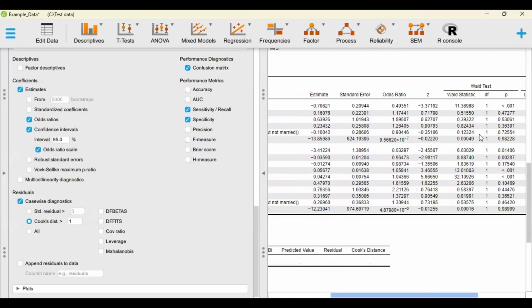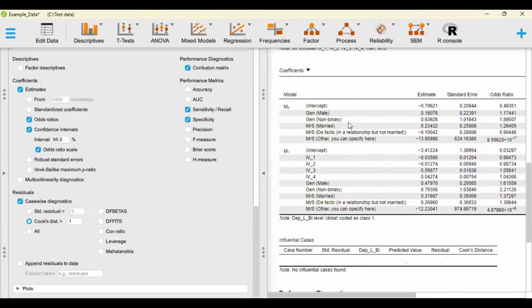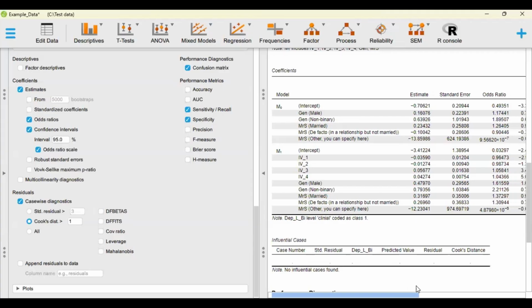For example, I can see that none of them had a significant result except this last one, marital status, other variable. You can also see that not all levels of gender and marital status are included here. For example, I have male, non-binary, not female here. That means that female is considered as the reference variable. So if I want to interpret that, I don't have to in publications, they usually don't do that.